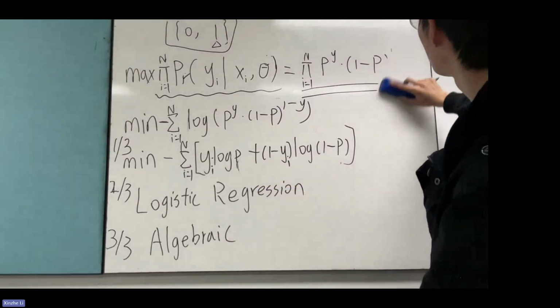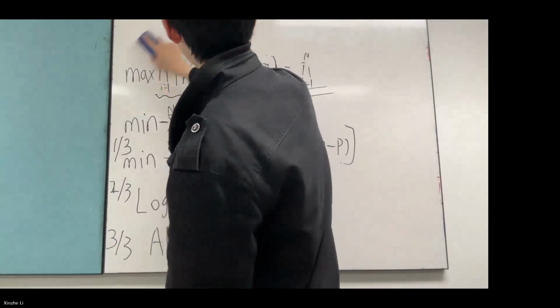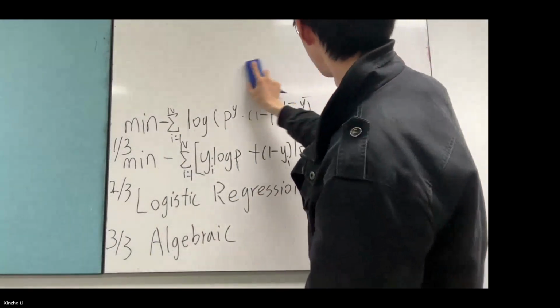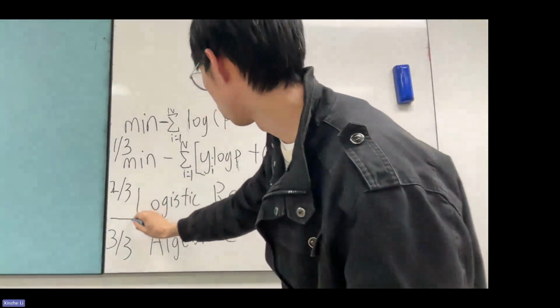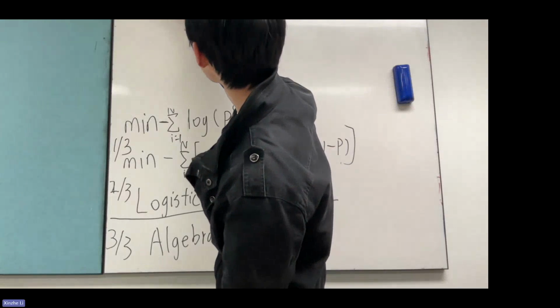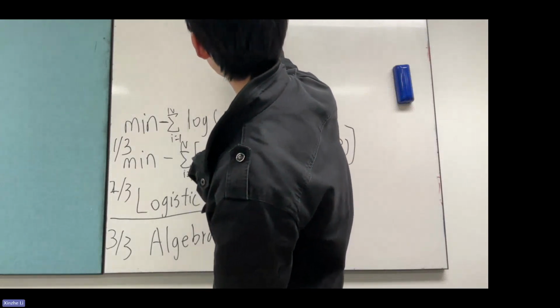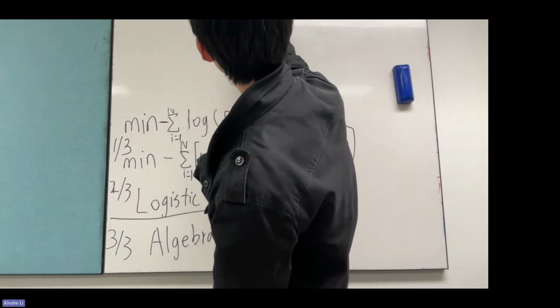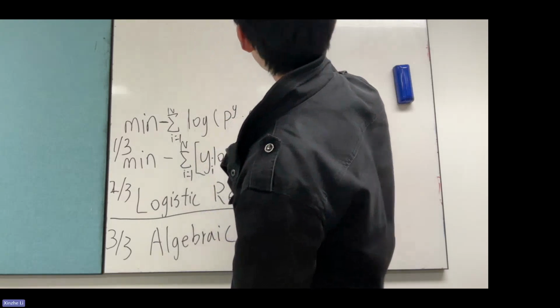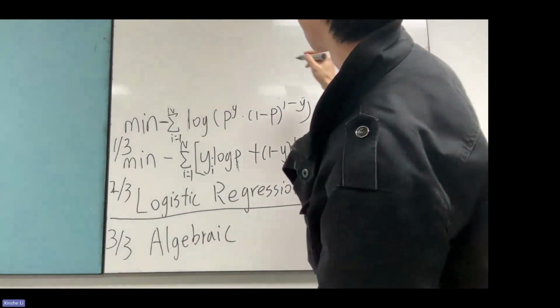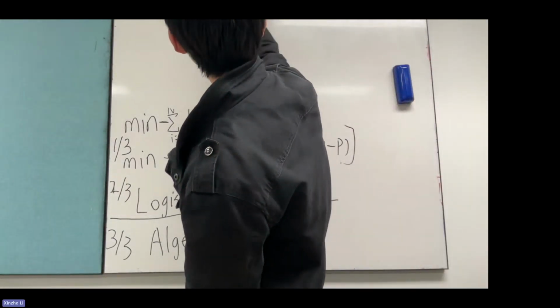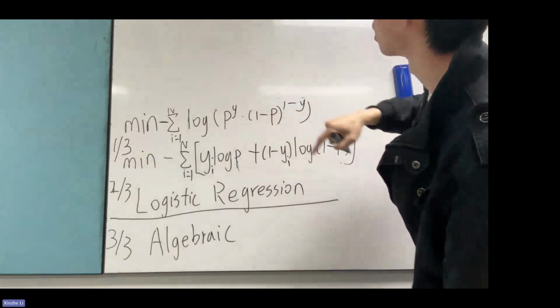Okay, so let's do it. What's a logistic regression? Logistic regression is similar to linear regression because it has a linear function. But what makes it different from linear regression is it has a sigmoid function applied to the output of the linear function.